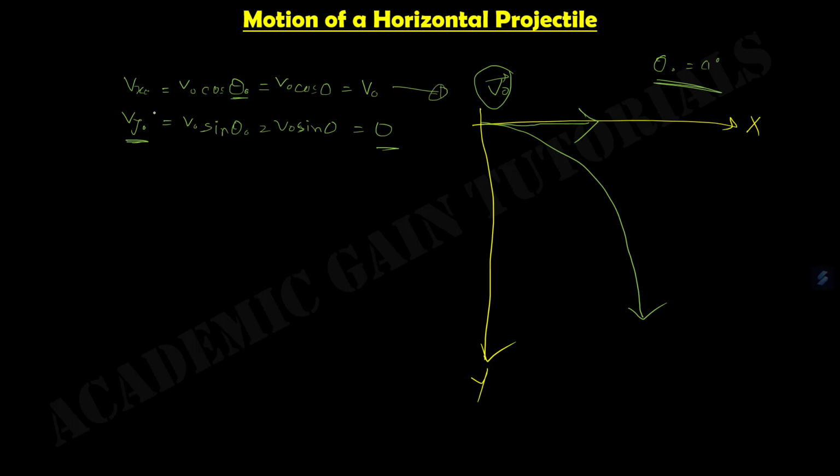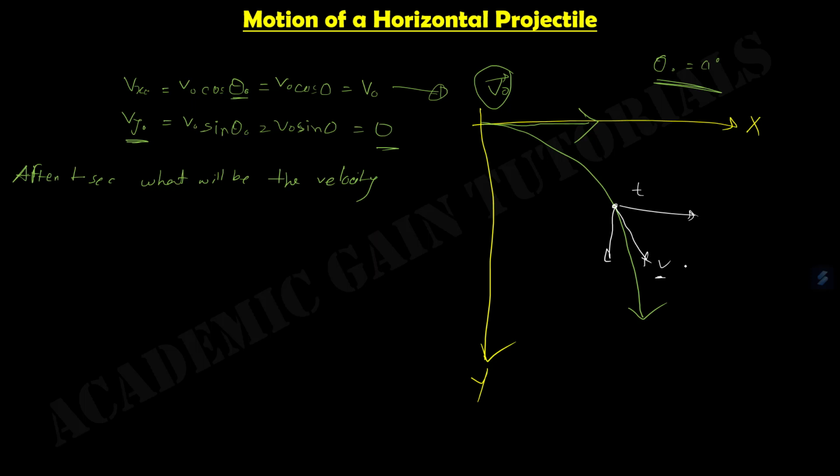The question is, after t seconds, what will be the velocity? Let us consider that after t seconds, the body is at that point. Here two components exist, one along the x-axis and one along the y-axis, and this is our resultant vector v.